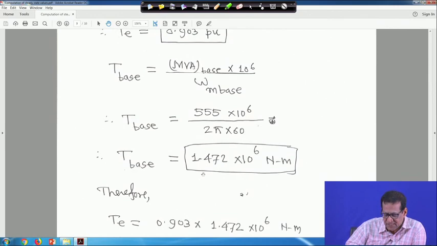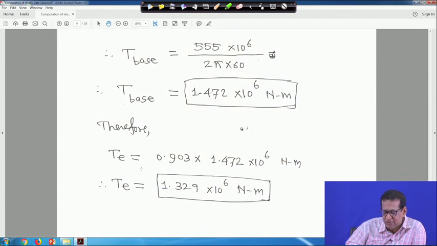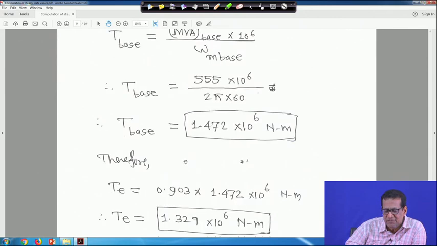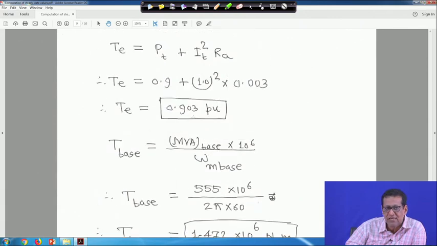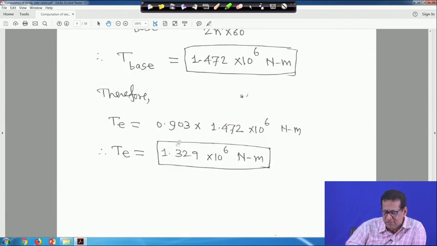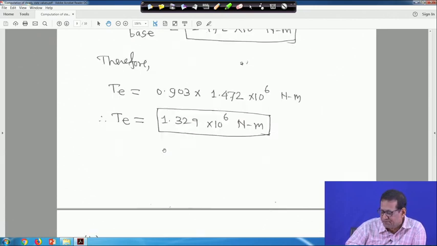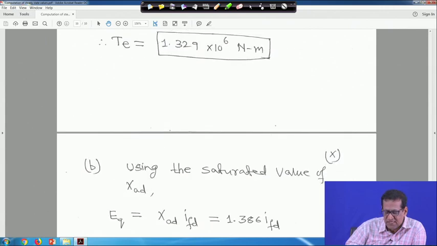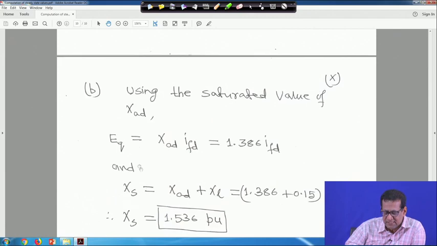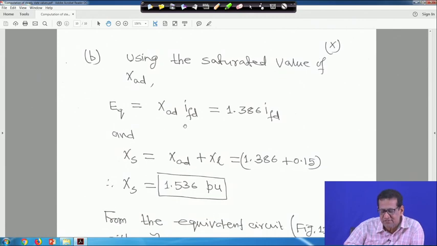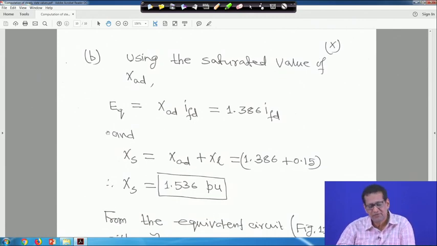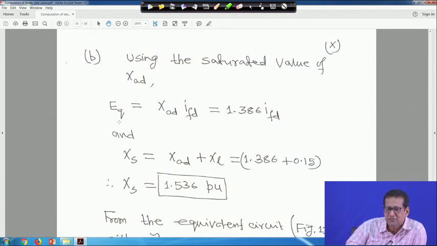If you compute torque base, that is 1.472 into 10 to the power 6 Newton meter, this is the base value. Therefore, T E is 0.903 per unit, and you multiply by this base value T base, you will get 1.329 into 10 to the power 6 Newton meter. And part B, using the saturated value of XAD, we know that earlier we have seen EQ is equal to J XAD IFD, but we are just thinking about the magnitude.